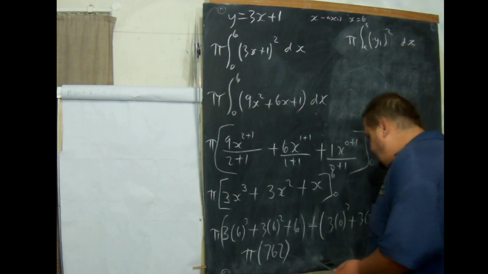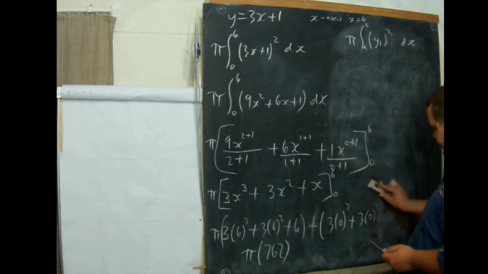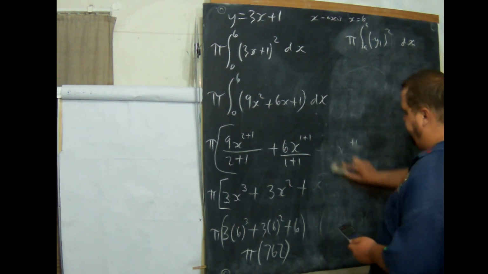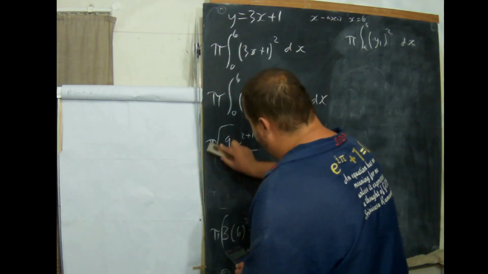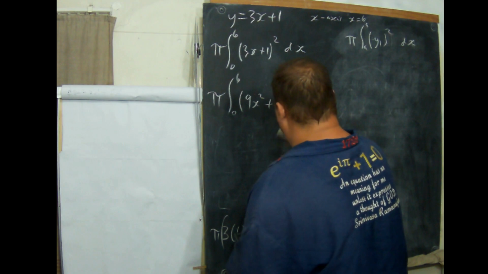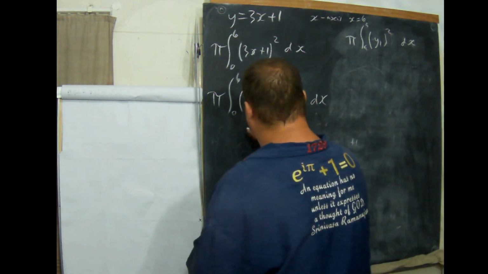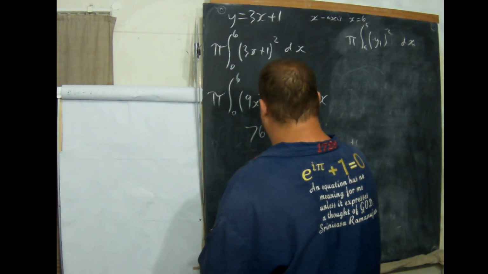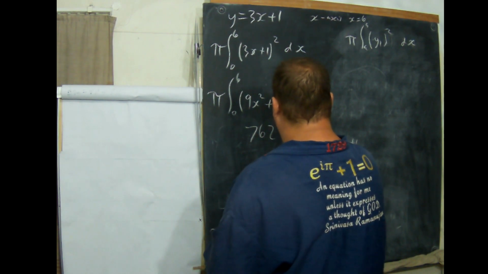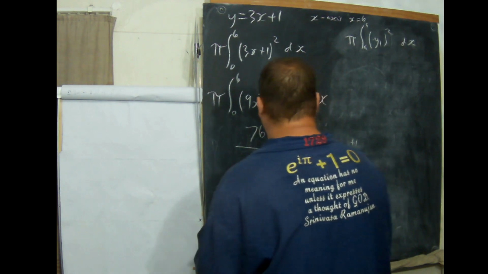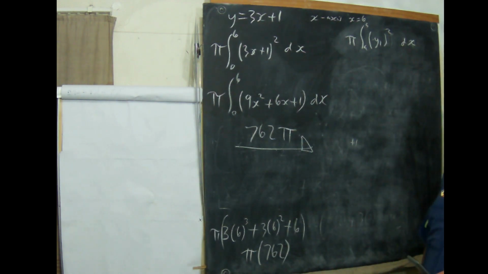And all that means, in very simple language, is that we put pi in, so it's 762 pi. And that's our final answer.